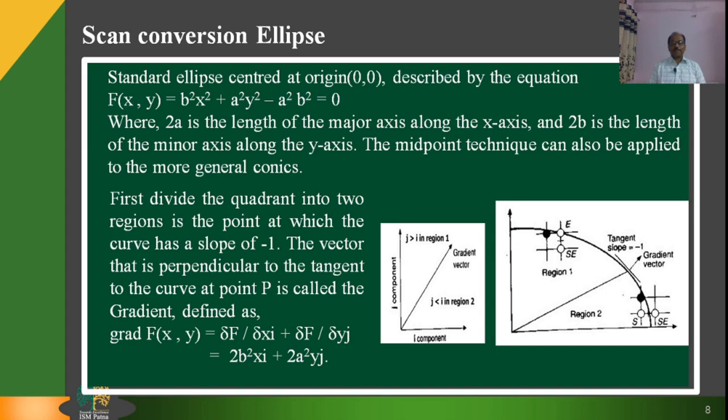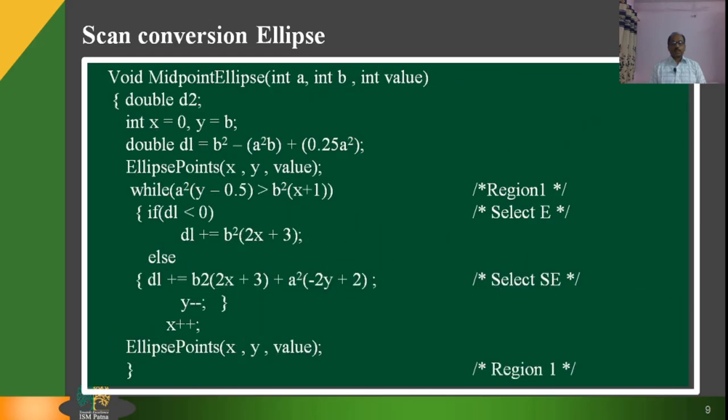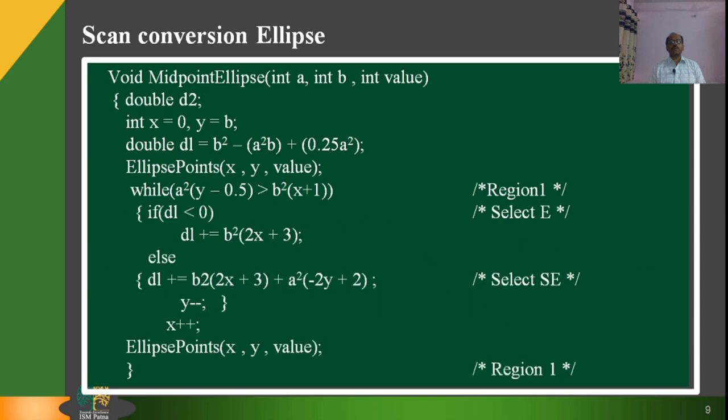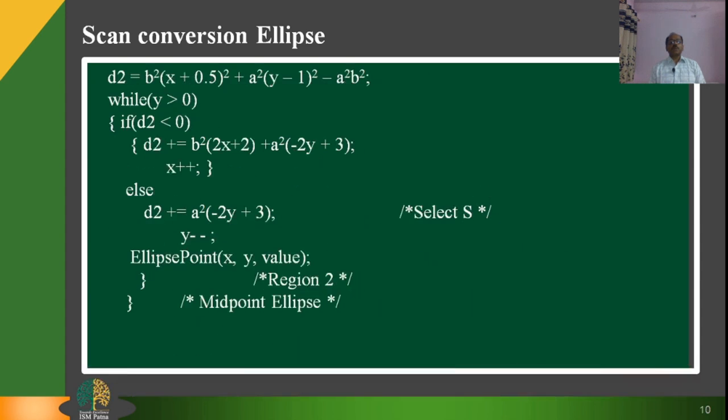Thus, if at the next midpoint a²(yp − 1/2) ≤ b²(xp + 1), we switch from region 1 to region 2, and by solving these equations, we complete the calculation.